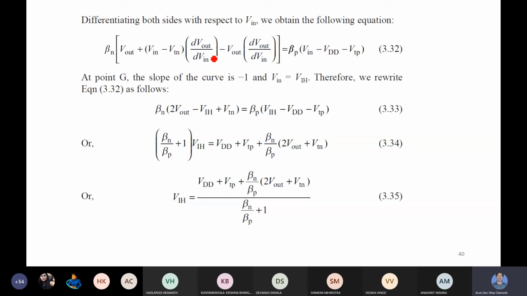You can put minus 1 here, and the input voltage will now be Vin equal to VIH. When the input voltage is Vin equal to VIH, the second negative slope point comes. At that point we can substitute dVout by dVin equal to minus 1 and solve. So this is the equation which we are able to get. This is the VIH equation.